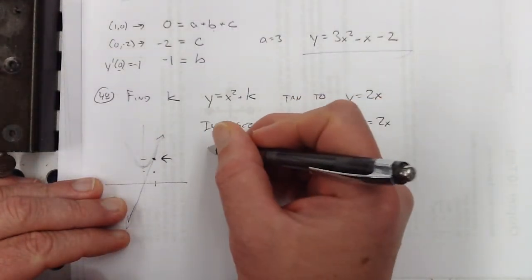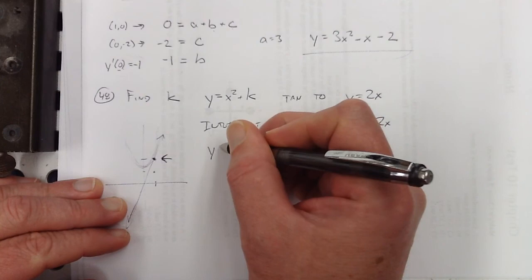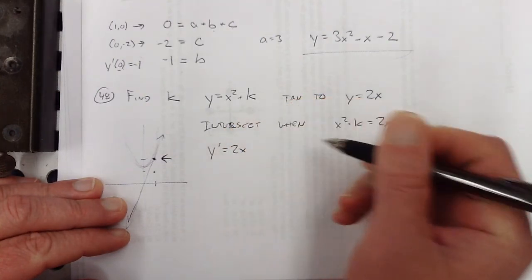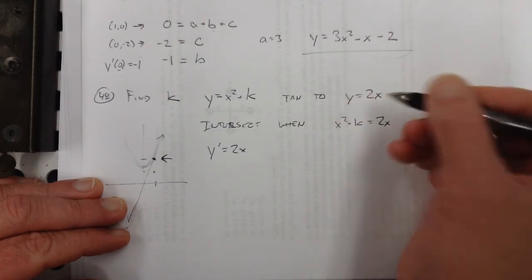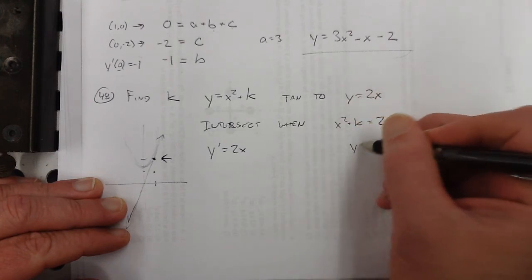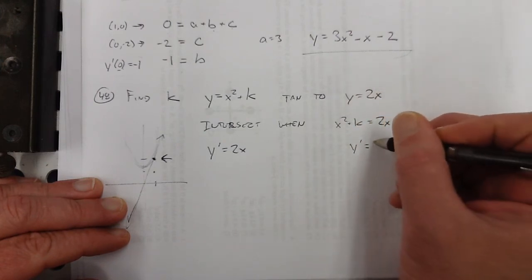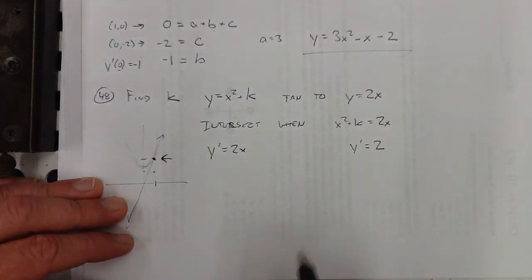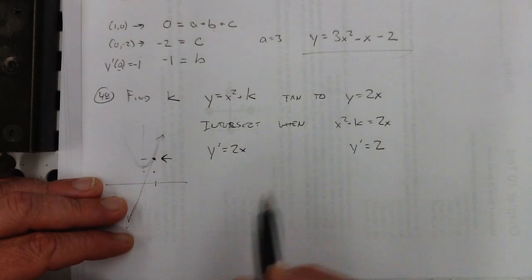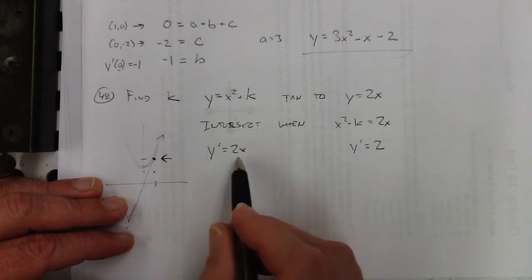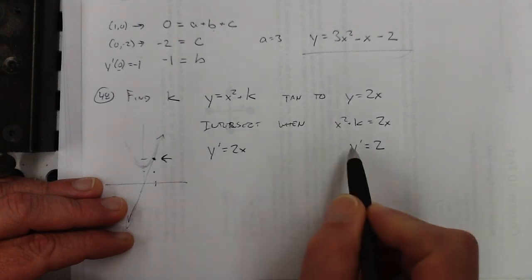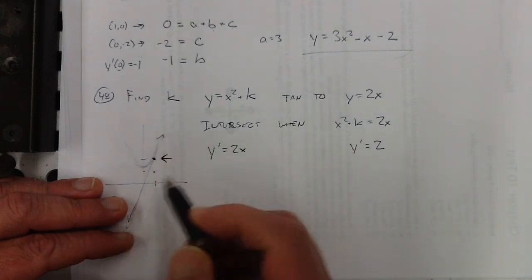But also, where they intersect, let's find the derivatives. y prime is equal to 2x, and the constant goes away. And then the derivative of this is just 2. I mean, it's a straight line. It has a slope of 2. So that is helpful because wherever they intersect, that's when they also have the same slope there, because this line is tangent there.